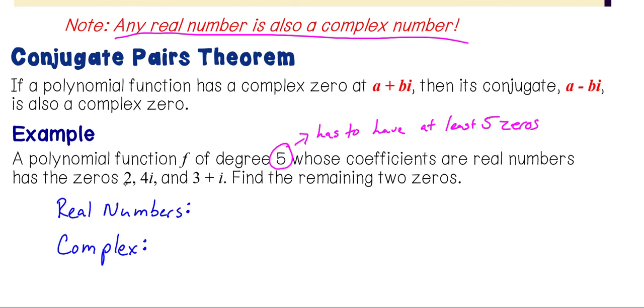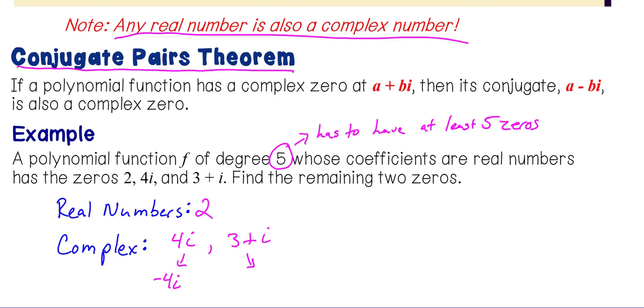Okay, so the real number here is 2, and our complex numbers are 4i and 3 plus i. And based on this conjugate pairs theorem, we know that if 4i is one of the zeros, then negative 4i has to also be one of the zeros.